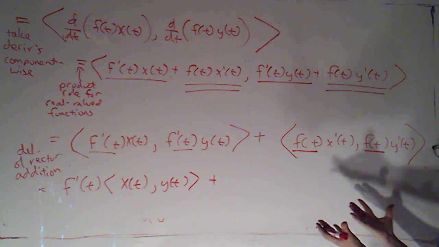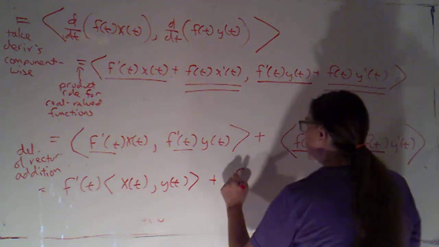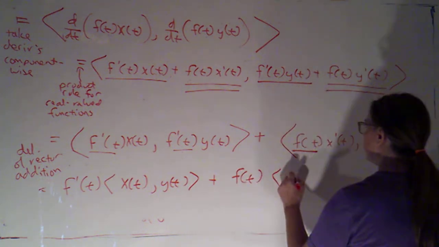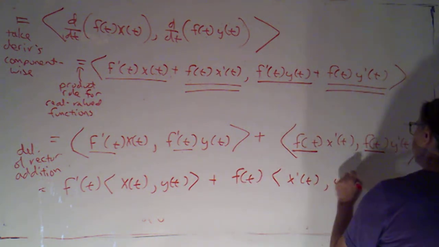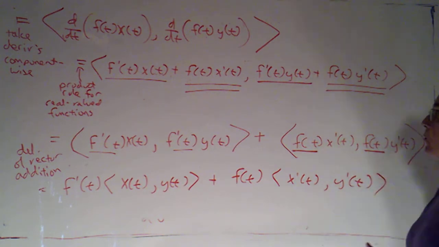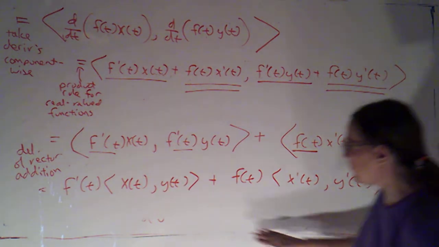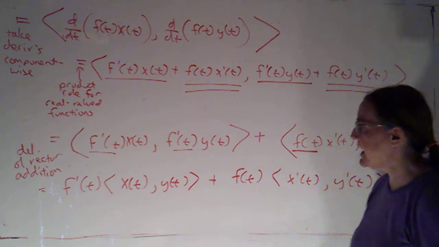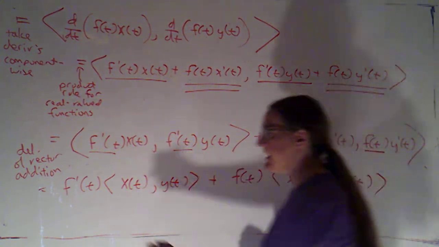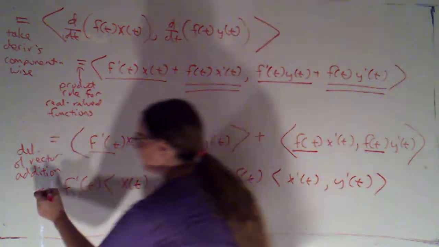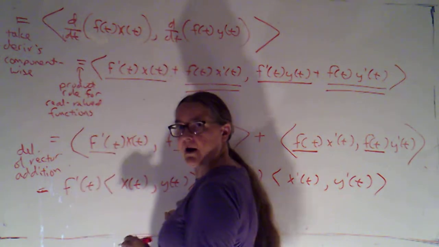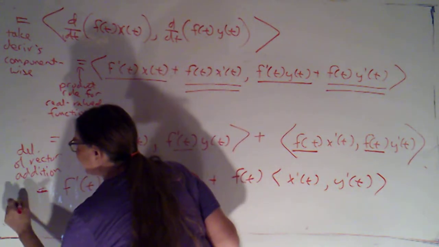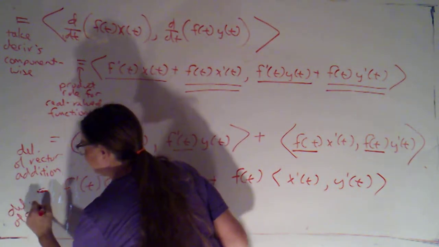And again, that's just a real number, so that's just a scalar. So this is f of t, x prime of t, y prime of t, and we're almost there. Oh, sorry, I need to give my reason. Oh, almost forgot, painstaking detail. That's the definition of scalar multiplication.